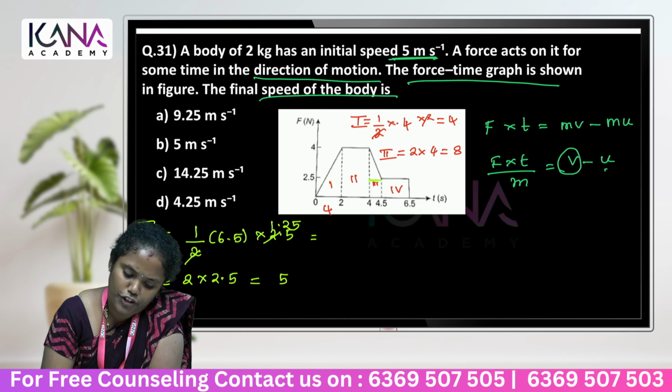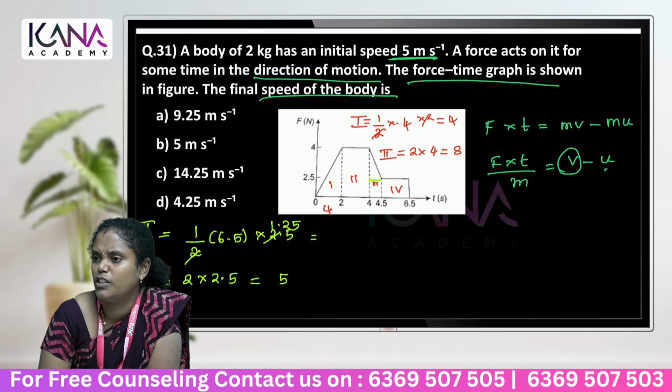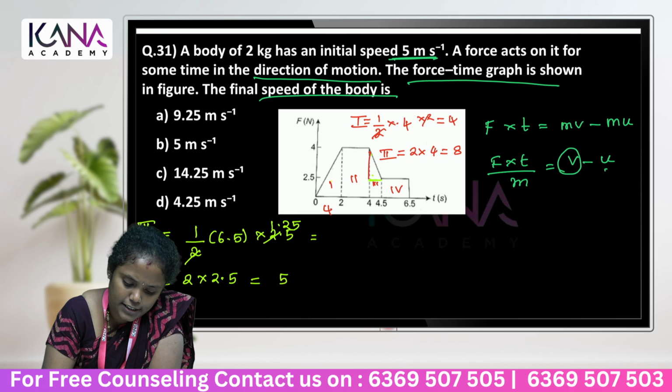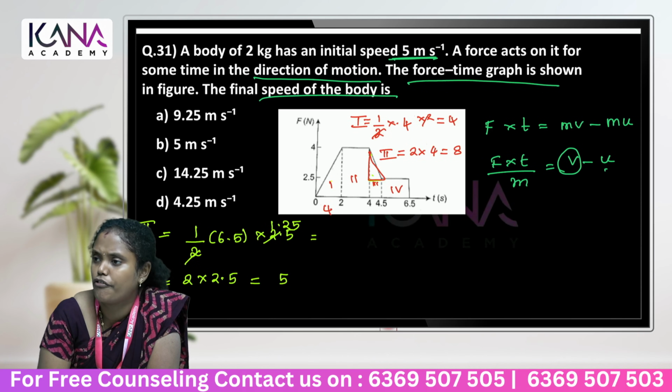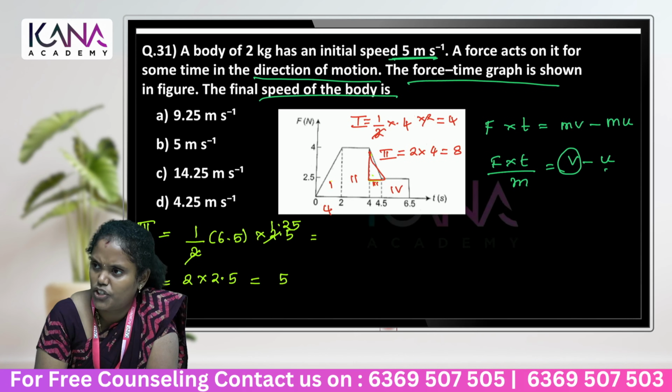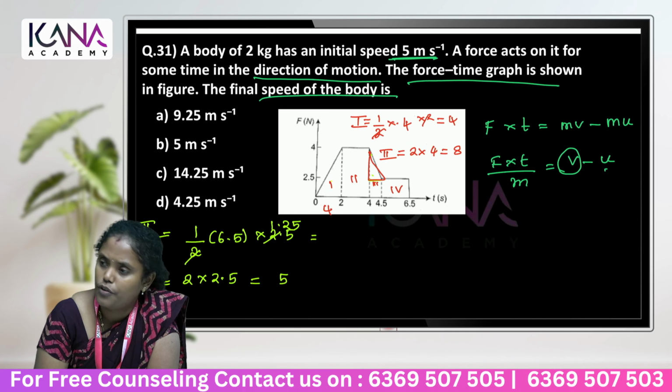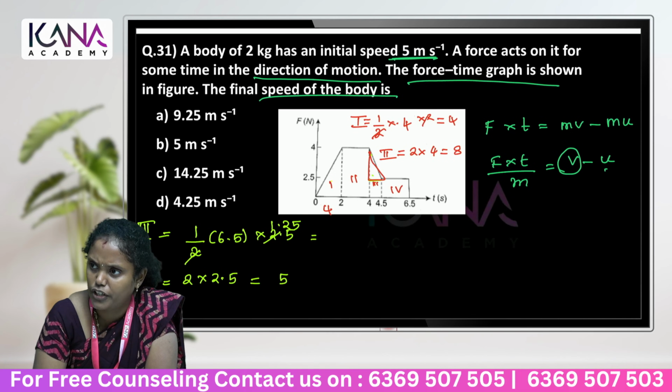Half into 4 minus 2.5, what, 1.5. In this case you take this triangle plus rectangle. For this triangle we get half into base into height. Base is 0.5. So half into 0.5 is 1 by 2, 1 by 2 into 1 by 2 is 1 by 4. 1 by 4 into 1.5 is 0.375.